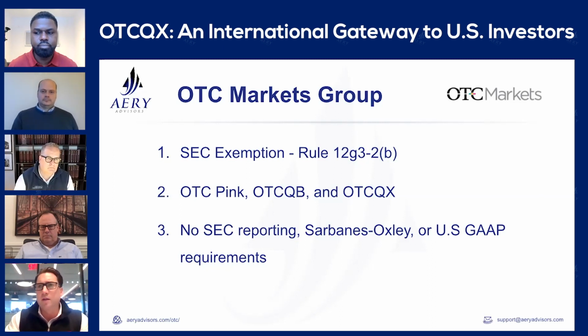I'll just go through each of the three markets real quick. The bottom tier market is called OTC Pink. Pink is historically a place where securities that are dark, delinquent, bankrupt, penny stocks, and shell companies all trade. You also have good companies that trade on the pink market that either A, don't realize that they're there, or B, don't understand why they're there.